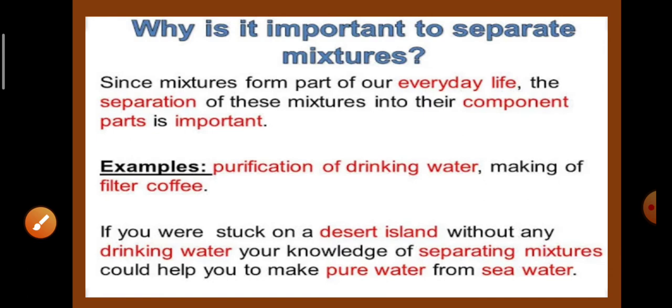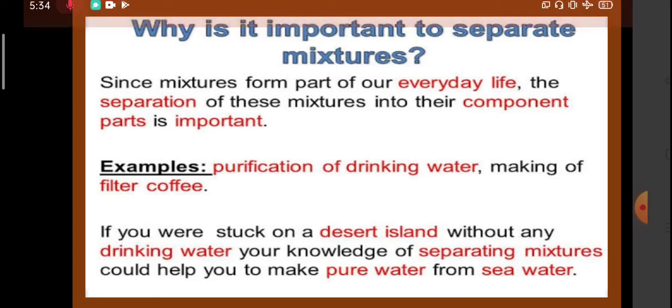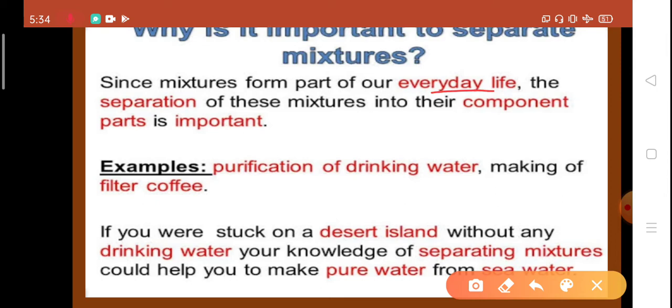Now, the question arises: why is it important to separate mixtures? Can't we use the impure substances? Since mixtures form part of our everyday life, the separation of these mixtures into their component parts is important. For example, purification of drinking water is a must.